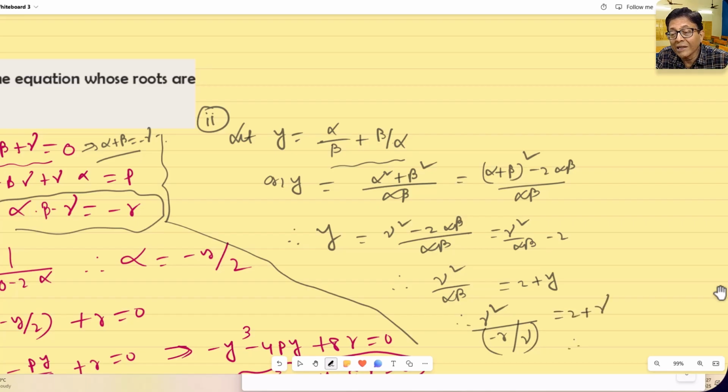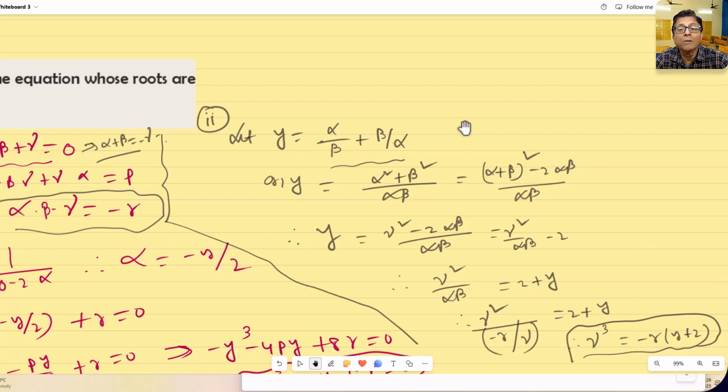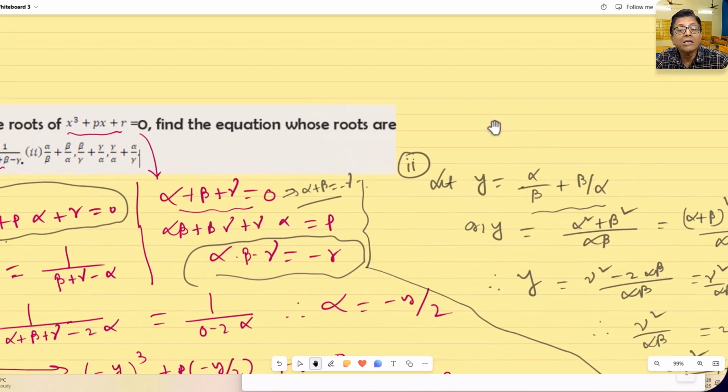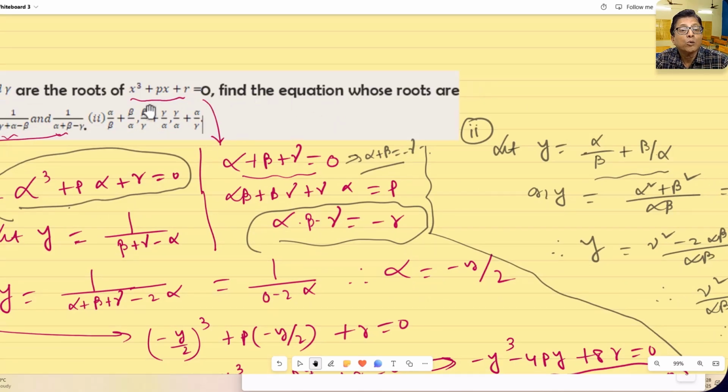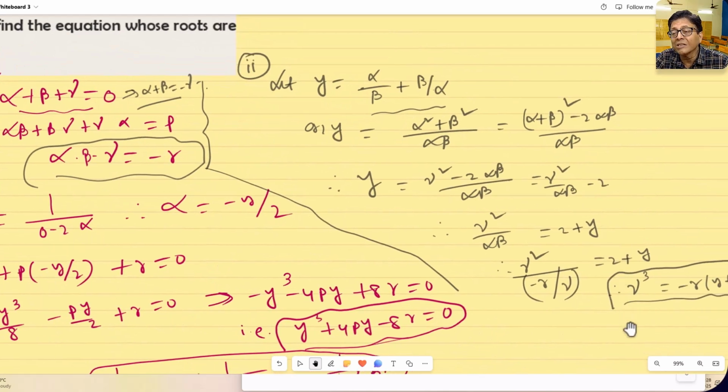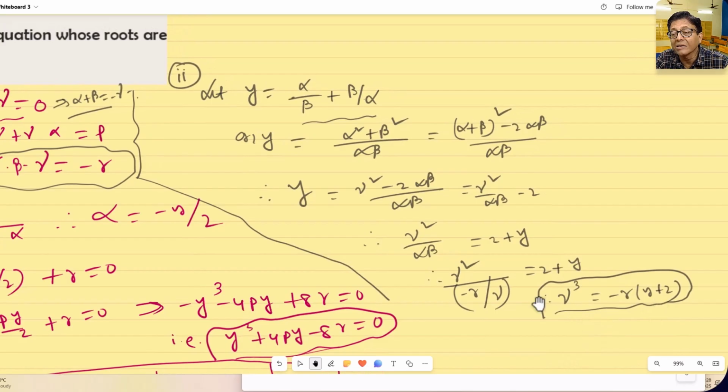Therefore, we get gamma cube equal to minus r into y plus 2. Now gamma is expressed explicitly in terms of y. One root is involved, that is gamma, and in terms of y.